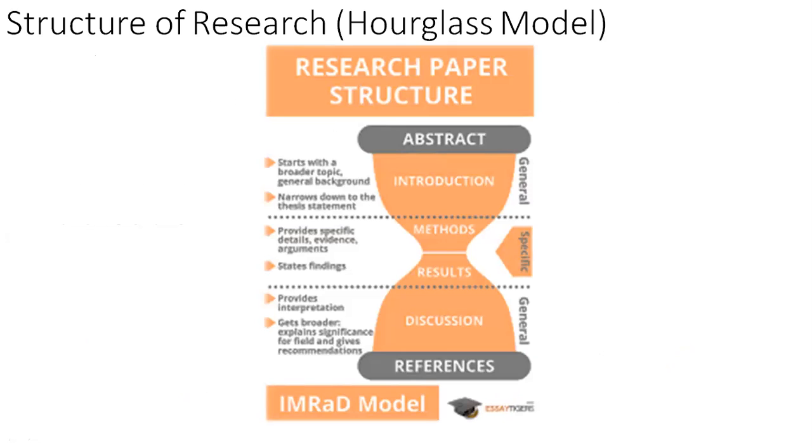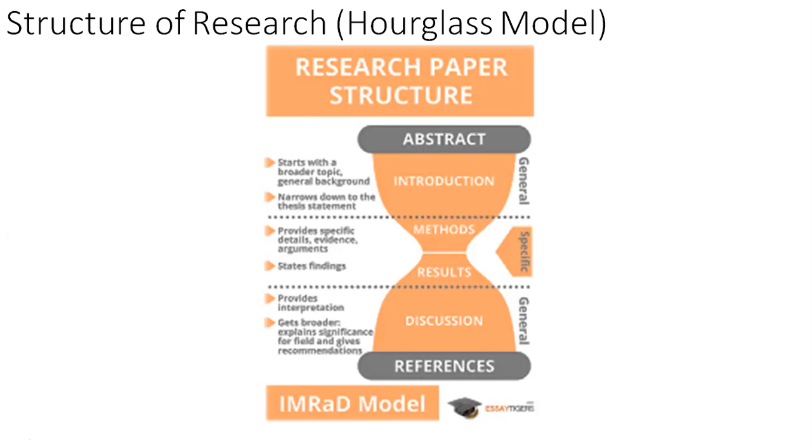Now, proceeding further with the structure of research: most of the time it follows the hourglass model, where the initial point is quite broad, we narrow down, and then we broaden up again. In the hourglass model, we have the IMRAD format that is commonly followed: introduction, methodology, results, and discussion.